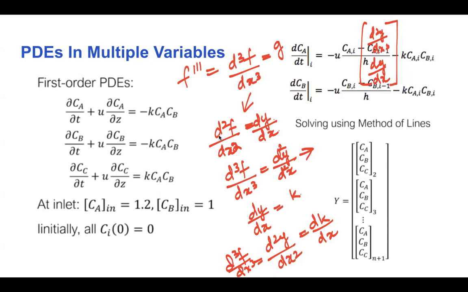Now this is split into two. So this will be dy by dx and this will be dk by dx.